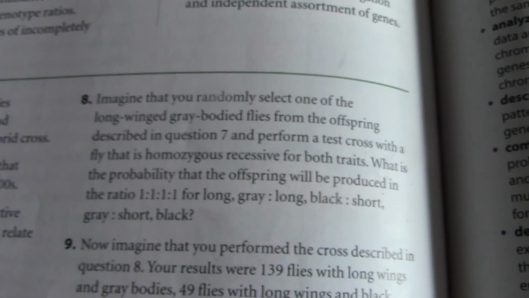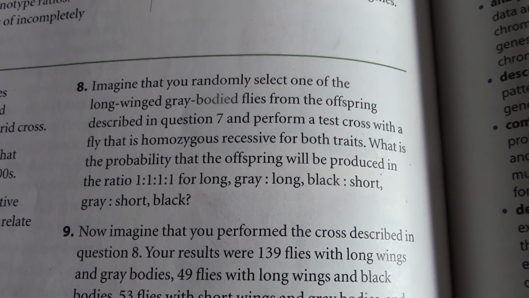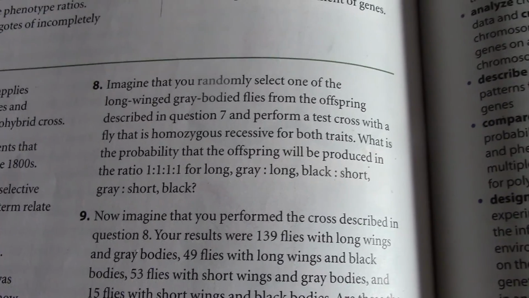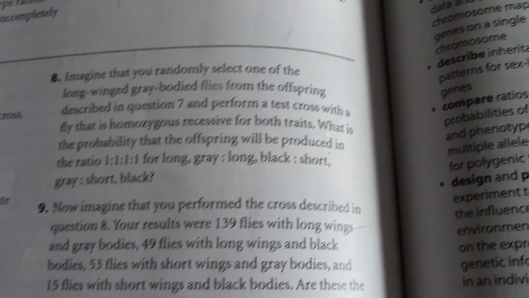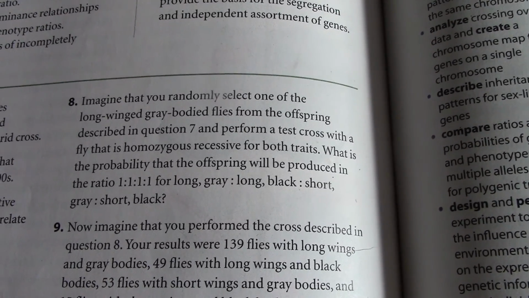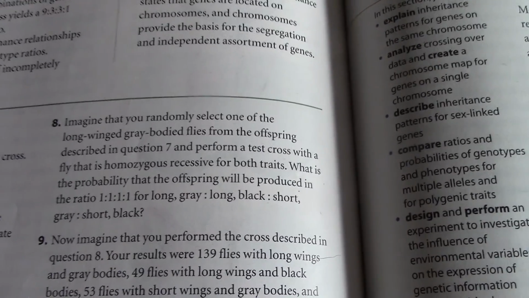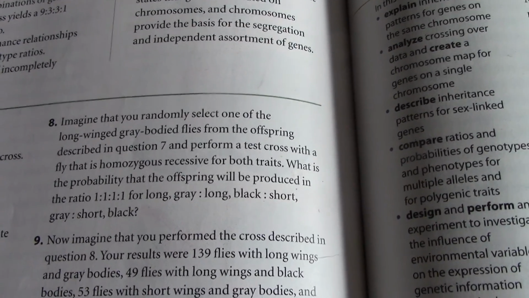Number 8 says, imagine that you randomly select one of the long-winged, gray-bodied flies from the offspring described in question 7, and perform a test cross with a fly that is homozygous recessive for both traits. What is the probability that the offspring will be produced in the 1:1:1:1 ratio for long gray, long black, short gray, and short black?